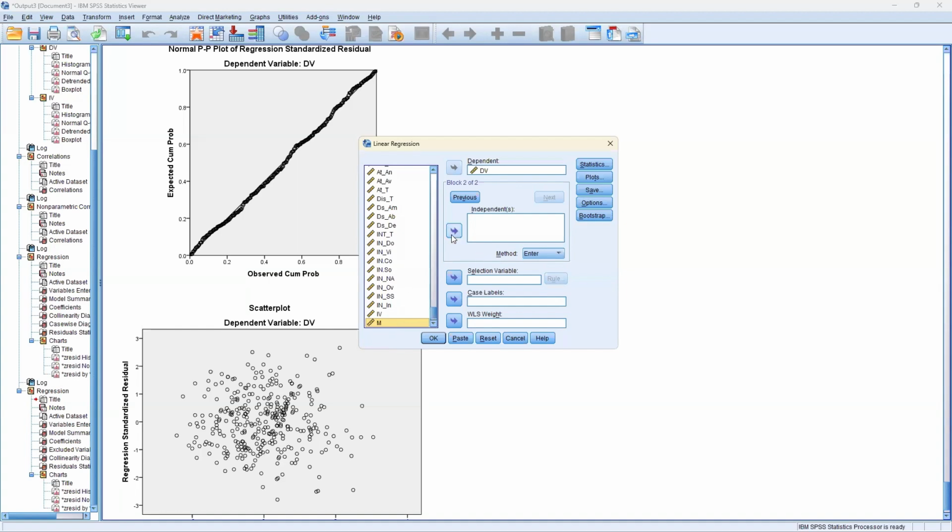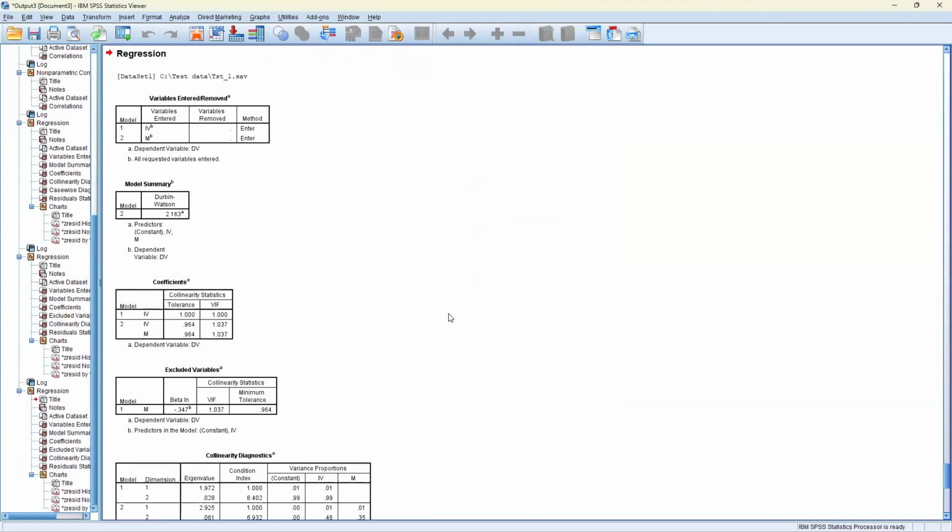So here I control the effect of the mediator. I first include the mediator, then I click on next. Now IV is my main predictor. When I put the mediator as the first step and click next, that means I just control its effects, and my main predictor here is IV. This is the last step of my mediation analysis, for the direct effect, called path C prime. All the settings are set, so I just click okay.